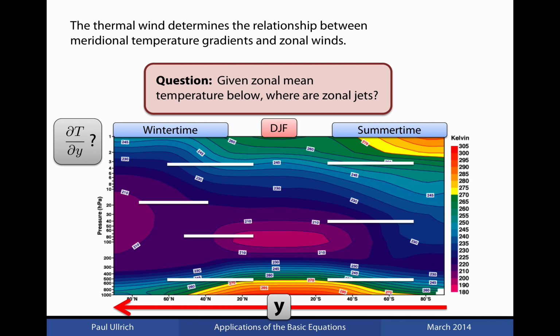We can also use thermal wind in order to understand the relationship between meridional temperature gradients and zonal wind. Here we have a meridional pressure cross-section of December, January, February, or Northern Hemisphere wintertime temperatures. Here you'll notice that the temperature is maximal near the equatorial surface, and then tends to reduce as you go towards the poles.